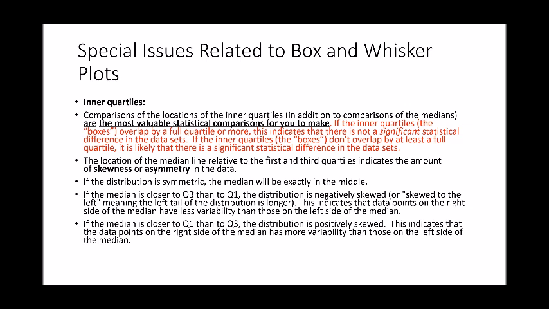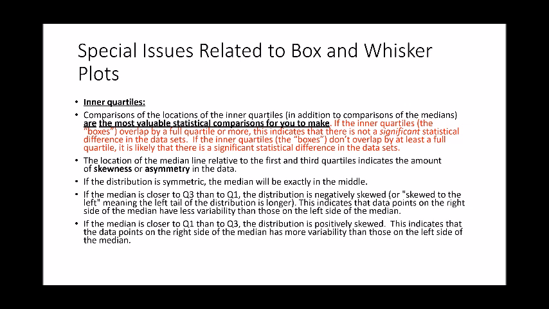If the boxes you're comparing overlap by a full quartile or more, this indicates that there's probably not a significant statistical difference in the two data sets. If the two boxes don't overlap at all, or don't overlap by at least a full quartile, there probably is a significant statistical difference between the two data sets.